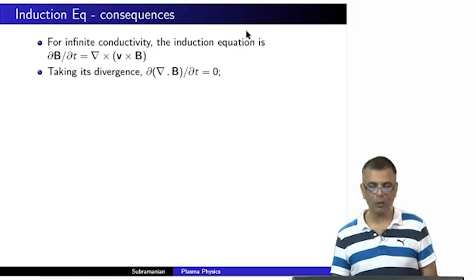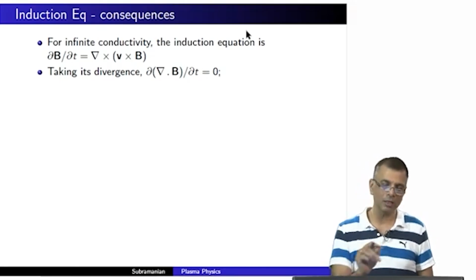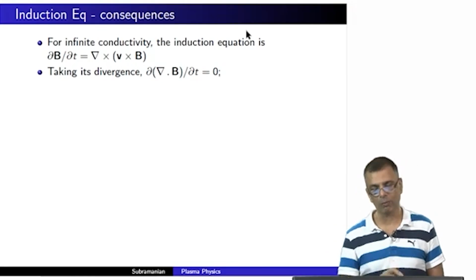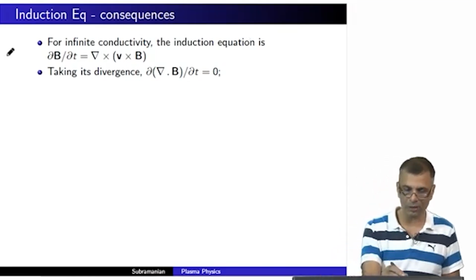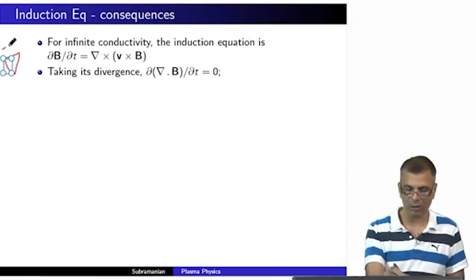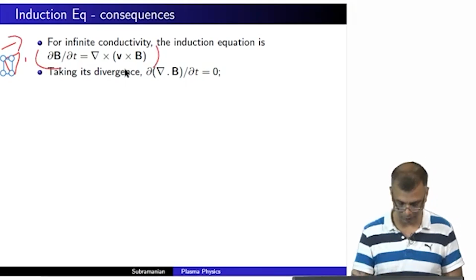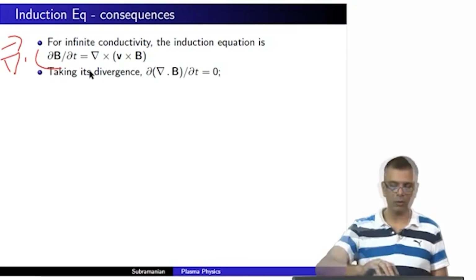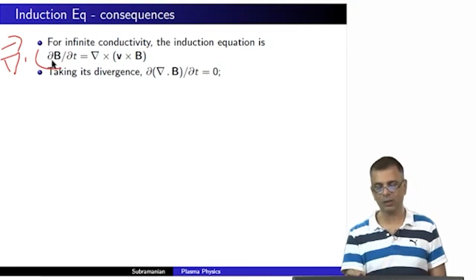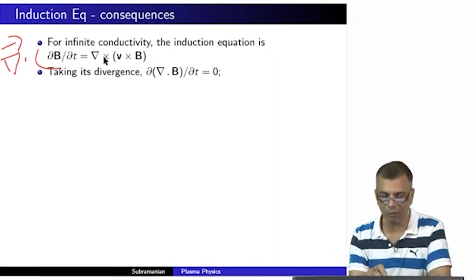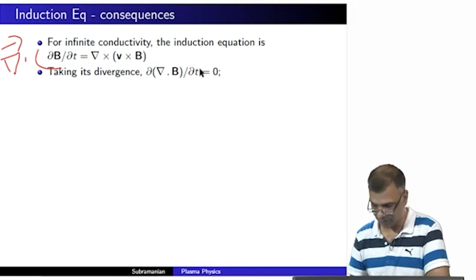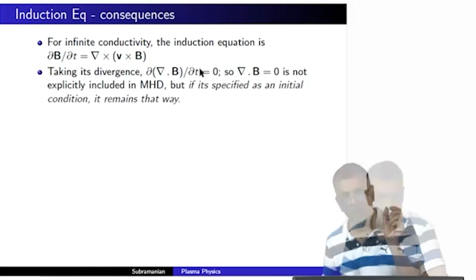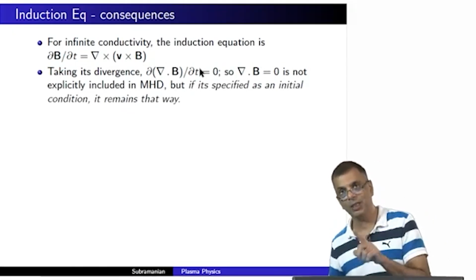Suppose you take the divergence on both sides, and you can take the divergence inside the time derivative. Then you know that the divergence of a curl is always 0. Therefore, what it's saying is that the time derivative of the divergence of B is 0. This is not explicitly saying that the divergence of B is 0, mind you.